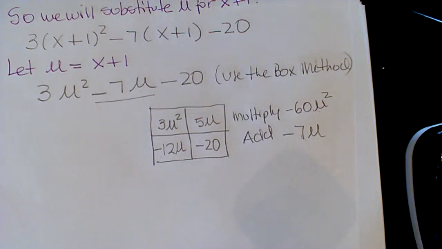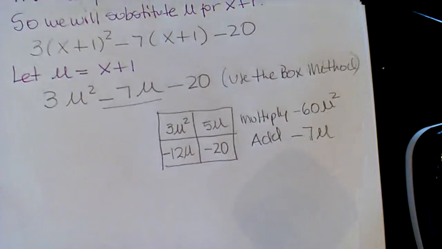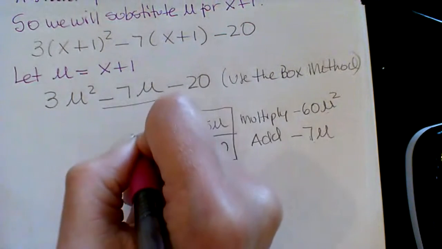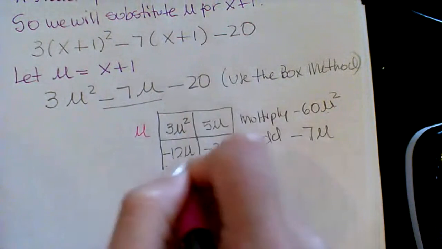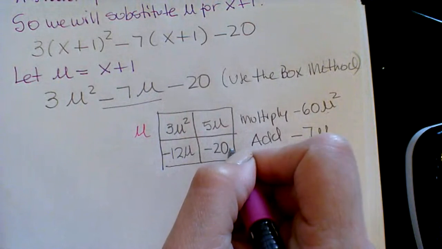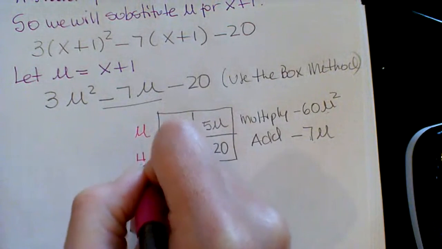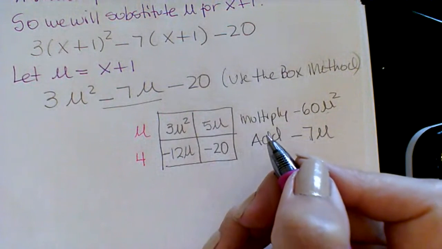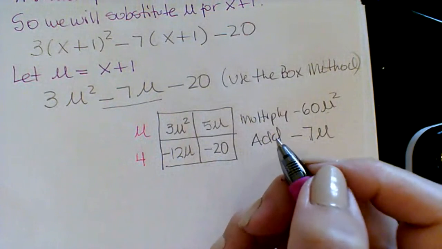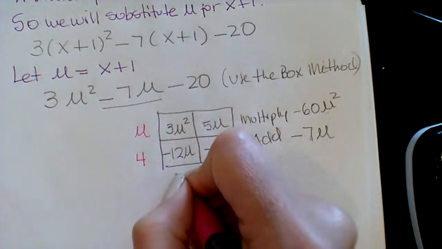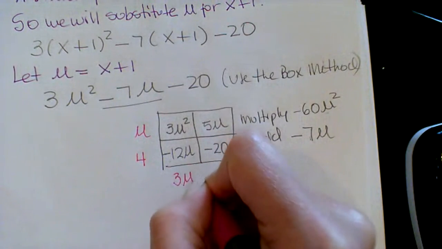Now, let's do this. This factor here is going to be u. The factor here will be a 4, right? And the factor here will be a 3u.